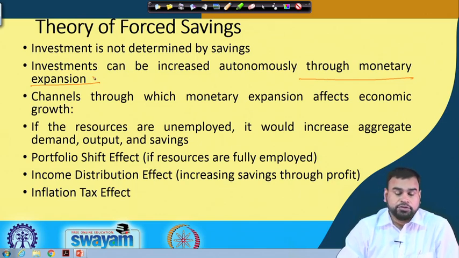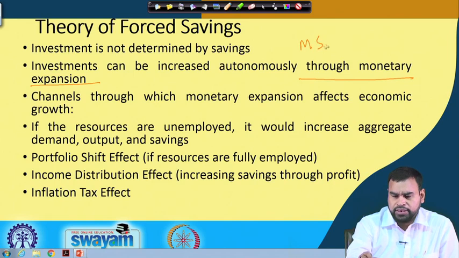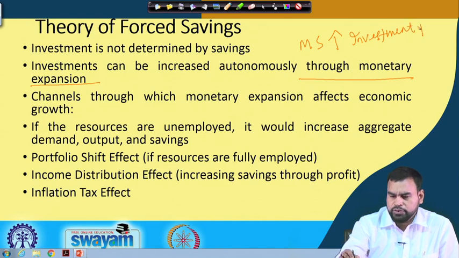Money supply can be determined by the regulators or by the monetary authority exogenously, outside the system. So, if money supply increases, it will have a positive impact on investment. So, the investment will go up.